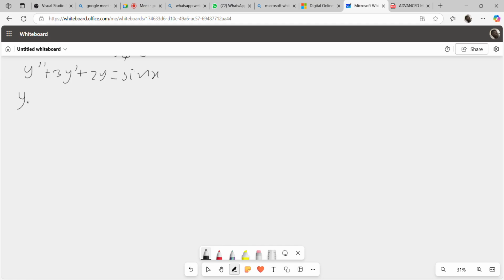So I'll be having y i plus 1 minus 2y i, this is actually easier, plus y i minus 1, everything over h squared. Now, plus 3, where you have y prime, you substitute your formula: y i plus 1 minus y i minus 1, everything over 2h.